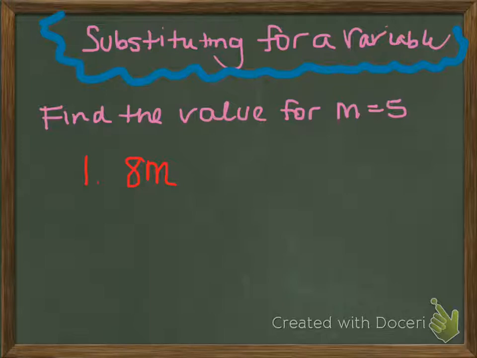Now, the very first and most important thing that we need to understand in this example is that when I have something that says 8m, this means the same thing as 8 times m. So when I plug in 5, I'm actually going to multiply 5 and 8. It doesn't mean that I just put the 5 where the m is and then the answer is 85.